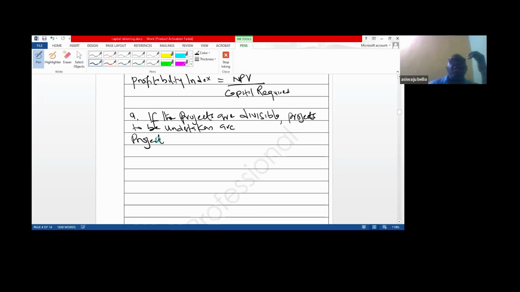We are going to do project D first. Capital required is $10 million. Do cumulative. $10 million.